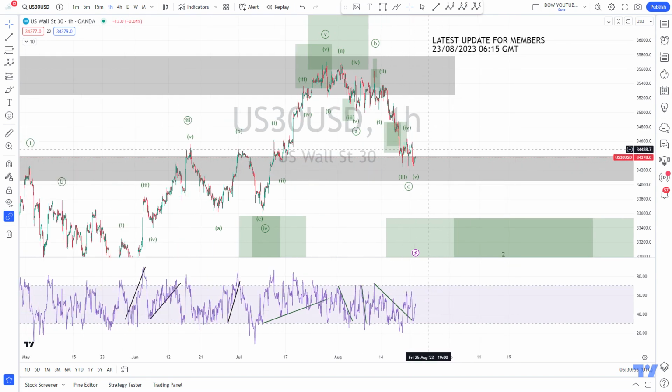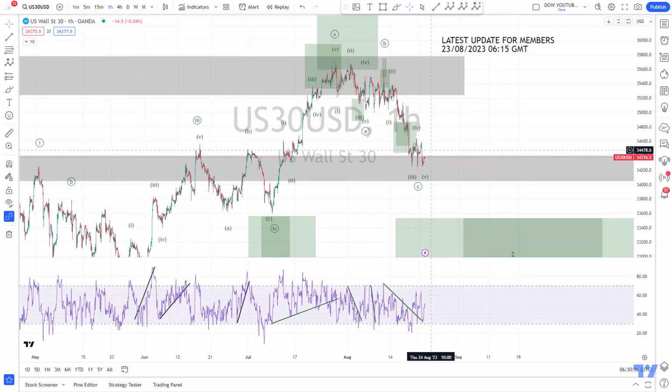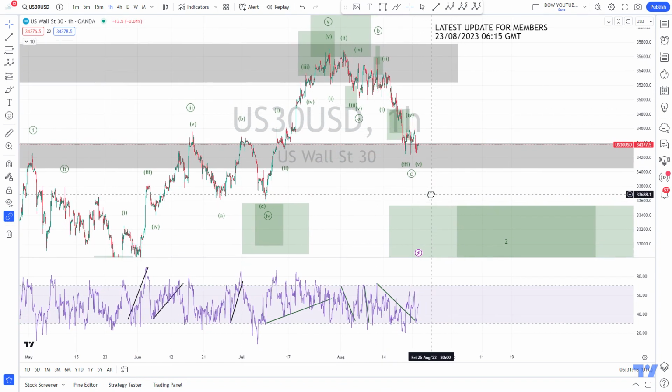So I don't really like to enter this structure here, because like I said, it can unfold as 1, 2, and then just a wave 3 to the downside with a pause or a break here, or that we get some extension. But my expectation is this looks mature. We can have upside from here.